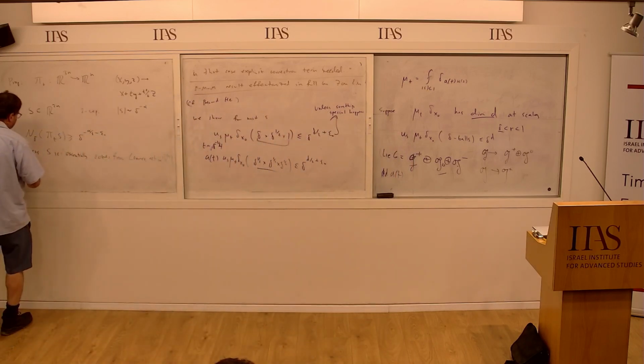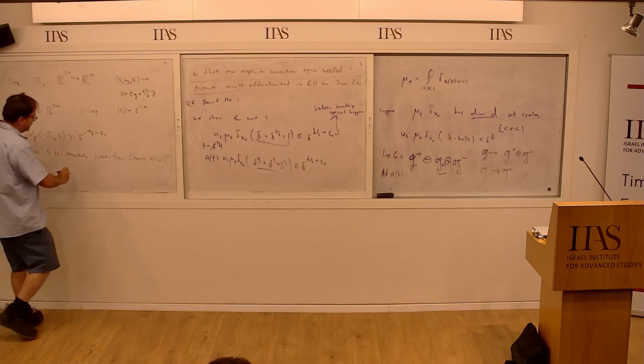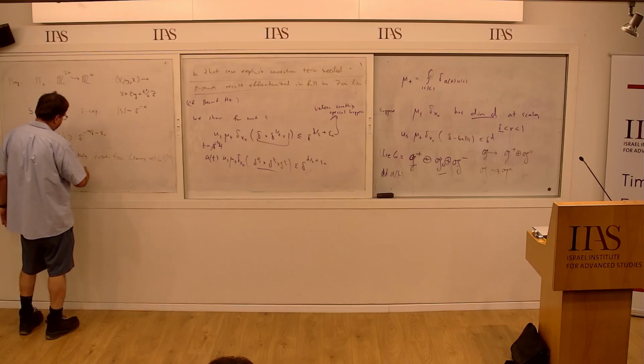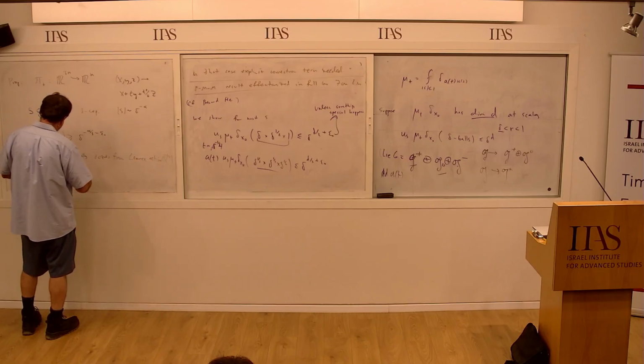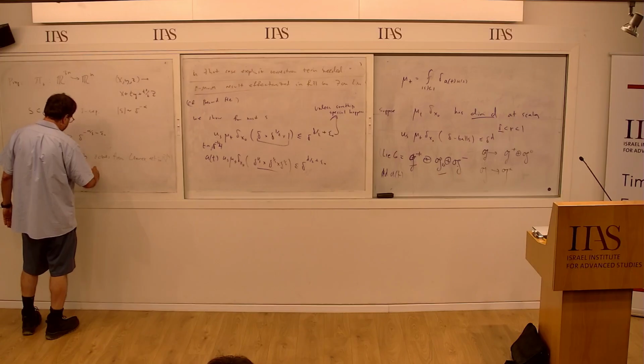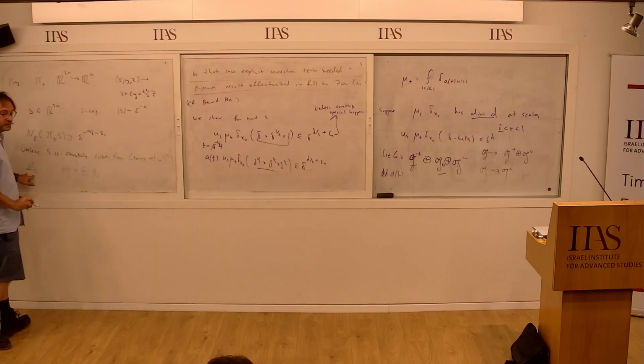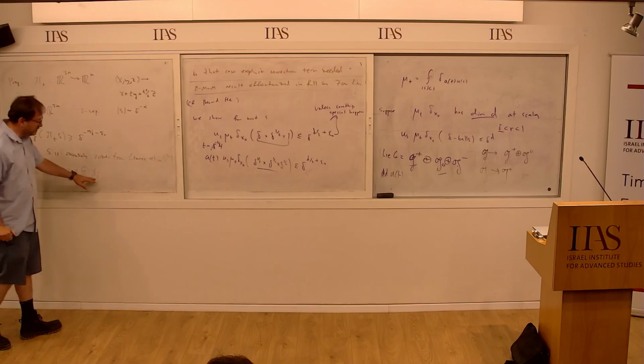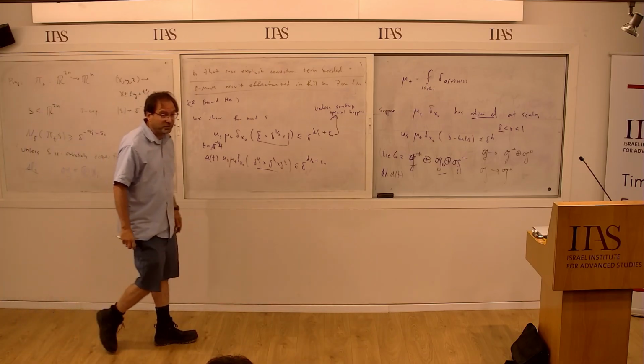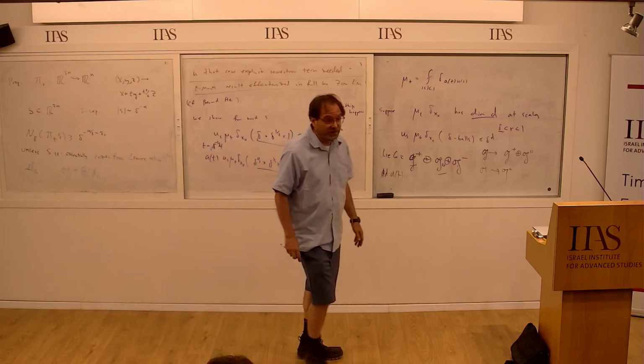Like I said, I have here an SL2, and I have the Lie algebra of G, and I can write the Lie algebra of G as a sum of irreducible representations for SL2. In this case, we have the nice situation that all of the W_i's are the same representation. That helps us.